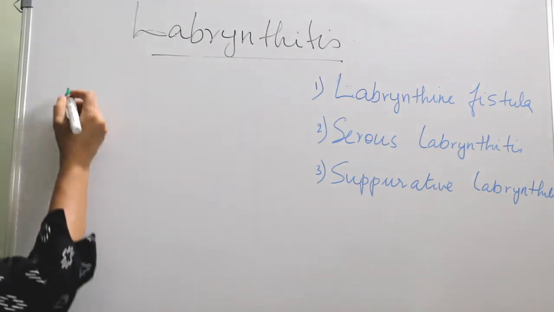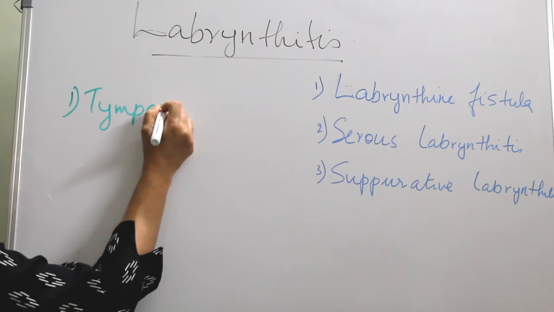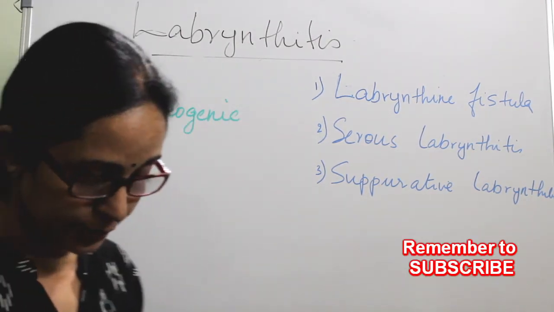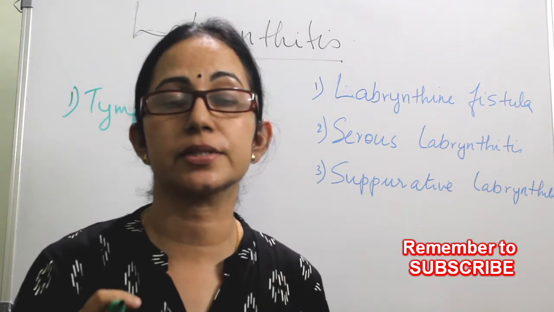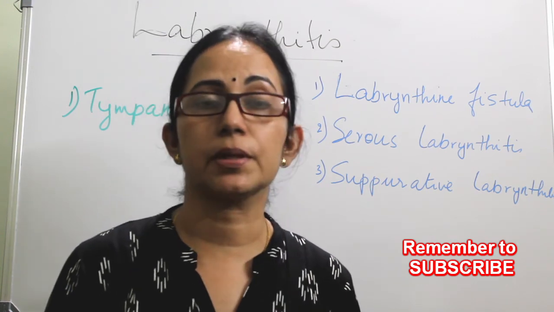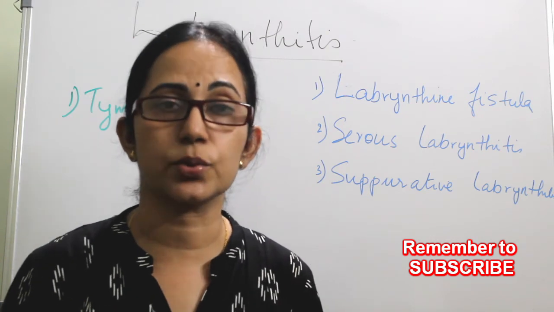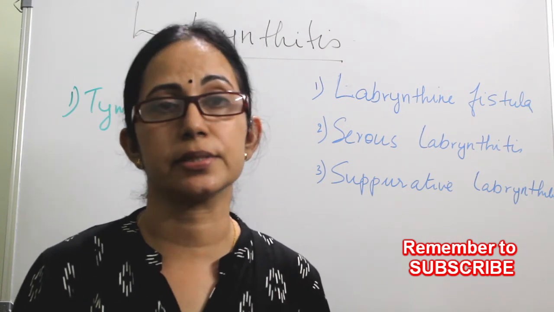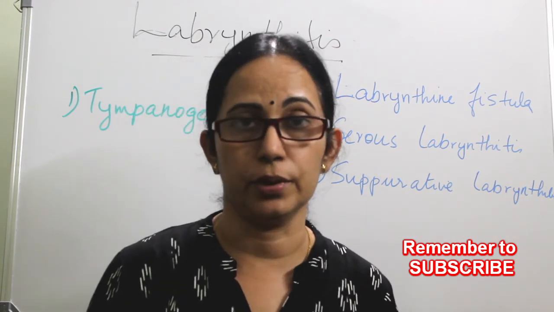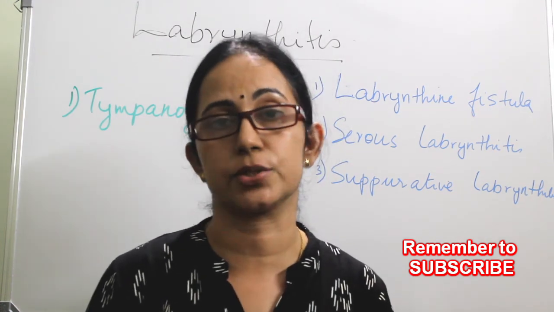One is tympanogenic, that is infection from the middle ear itself, in which case the causes may be suppurative otitis media, especially a cholesteatoma, or mastoiditis or petrositis, or temporal bone fractures or penetrating injuries into the temporal bone, and also surgeries on the mastoid, especially a stapedectomy or a fenestration operation.